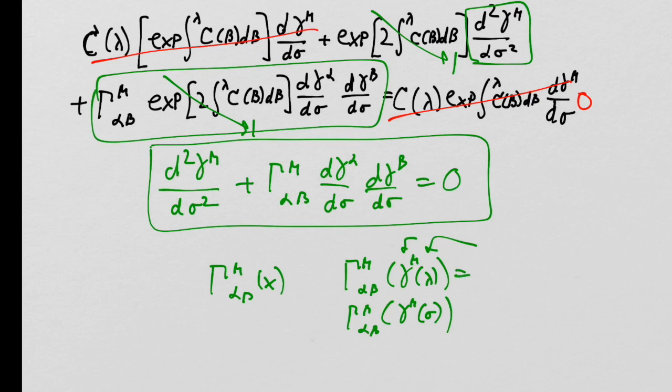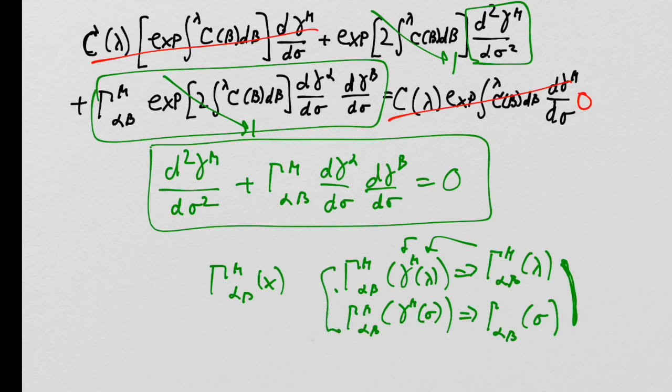So in principle, there's no reason why I couldn't have written this as a function of lambda and then simply reparameterized it as a function of sigma. These are two actually different functions if you think of it in these terms. If you think of it this way, it's the same function. The connection coefficients are the same functions here and here. You're just feeding it a slightly different argument based on the parameter.